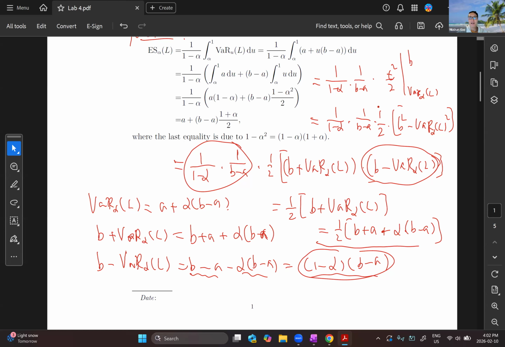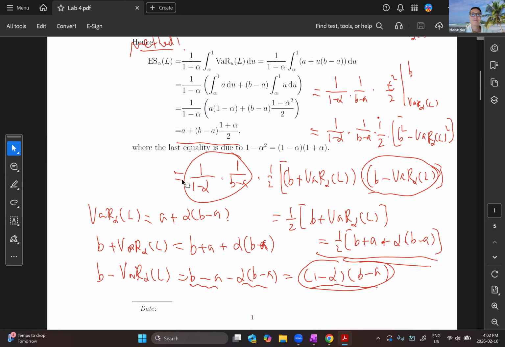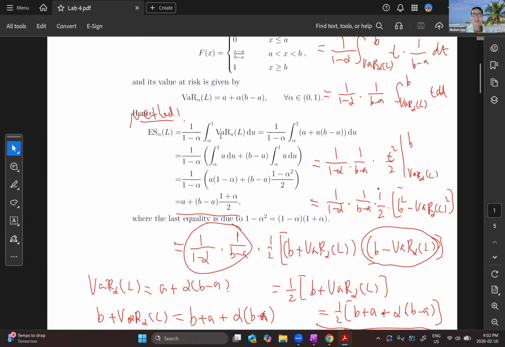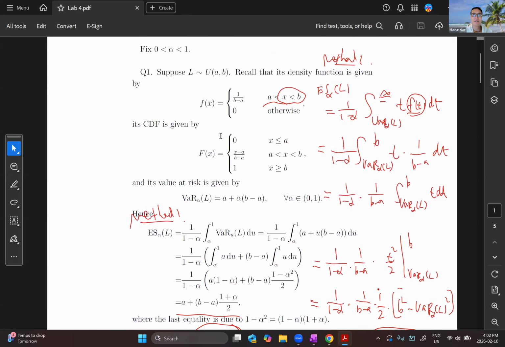And then you can verify this equals this. Is it true? Yes, it is equal to that. Okay, you can see they are equal. It's not that difficult. You just need to do the integrals.